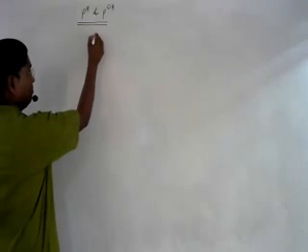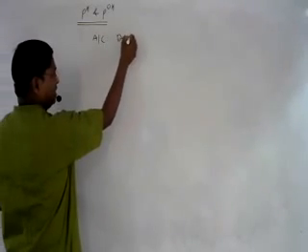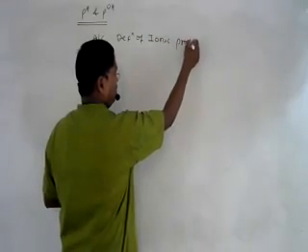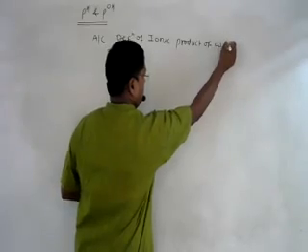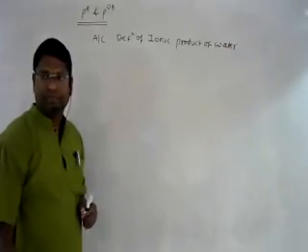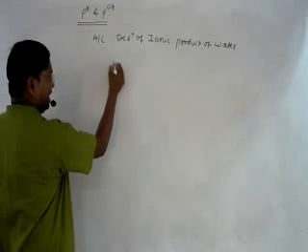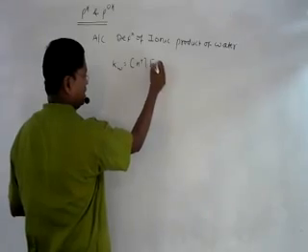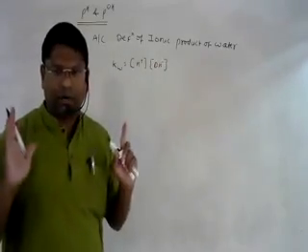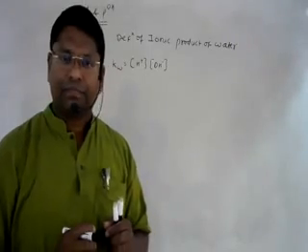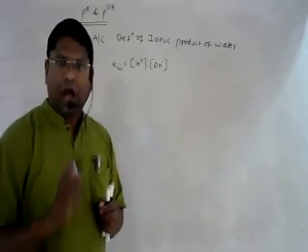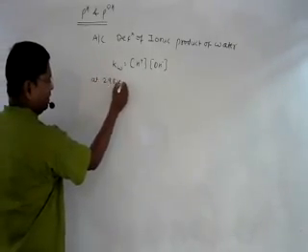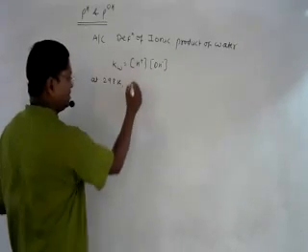According to the definition of ionic product of water, we know that Kw is the product of H positive ion concentration and OH negative ion concentration. Also, at 298 Kelvin, the value is fixed.